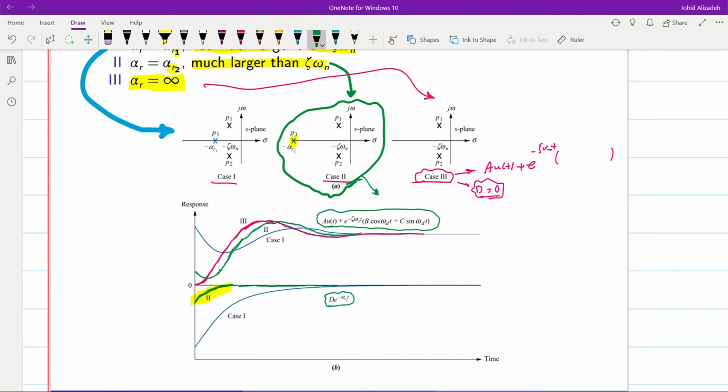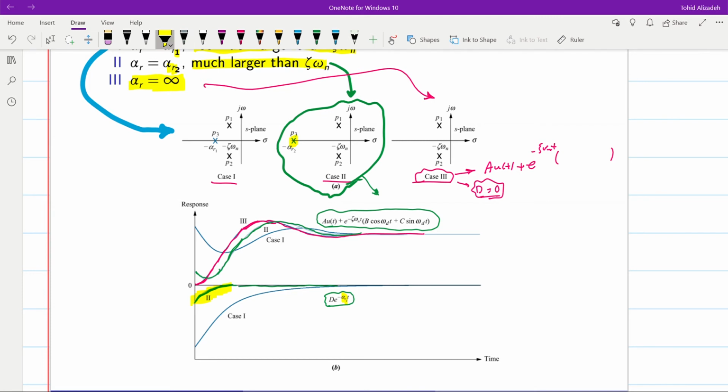That's because of alpha_r2. As alpha_r2 is large enough, then the e^(-alpha_r t) times d will decay quite quickly. It will become 0. And as a result, the transient response of the whole system will be affected by a little amount, let's say, at the beginning.